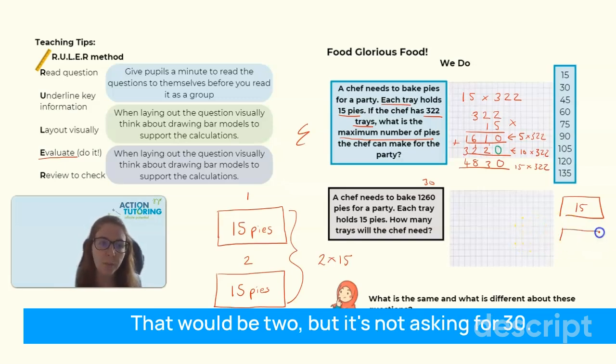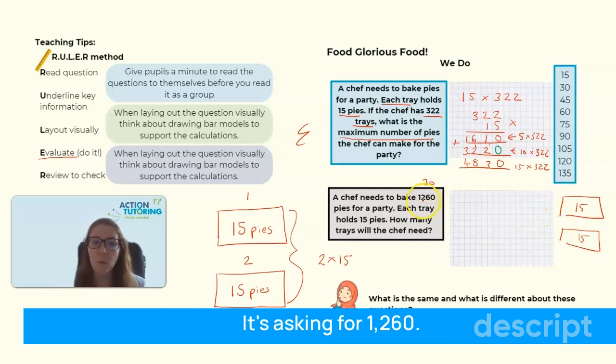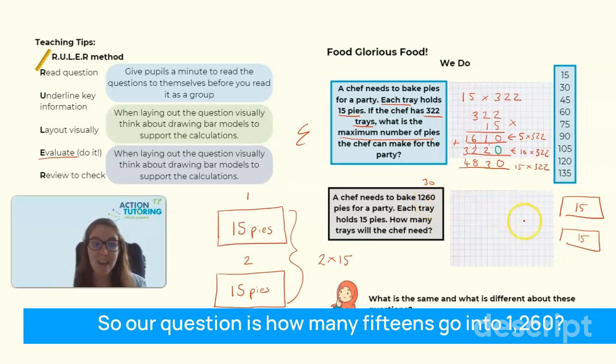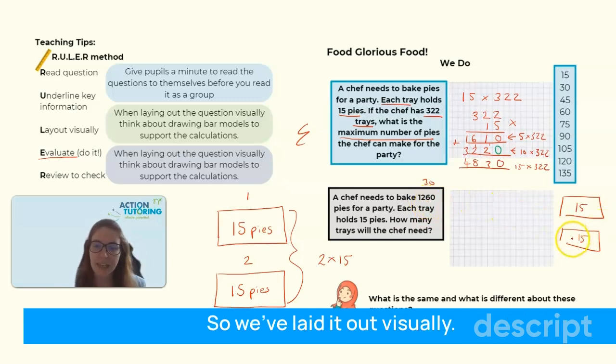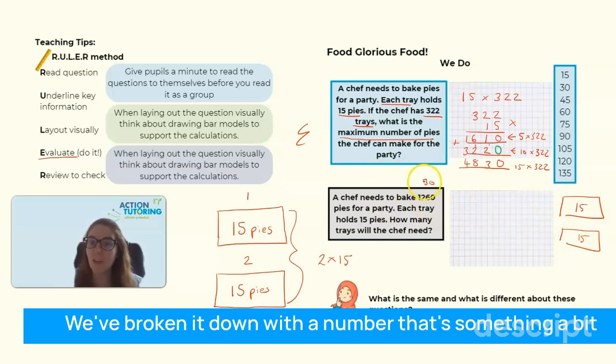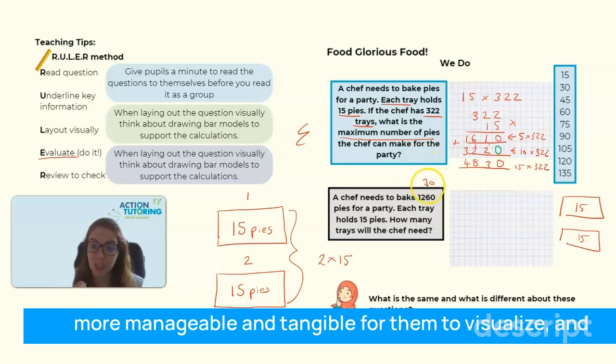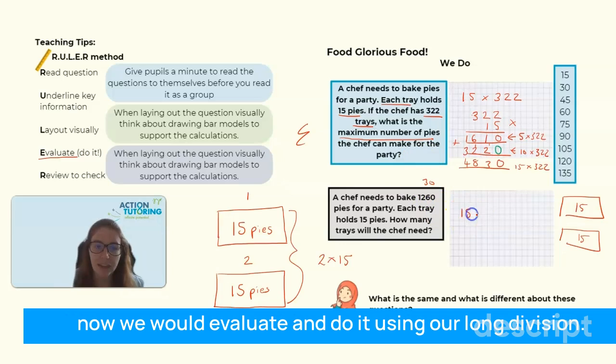That would be 2. But it's not asking for 30, it's asking for 1,260. So our question is, how many 15s go into 1,260? So we've laid it out visually, we've broken it down with a number that's something a bit more manageable and tangible for them to visualise, and now we would evaluate and do it using our long division.